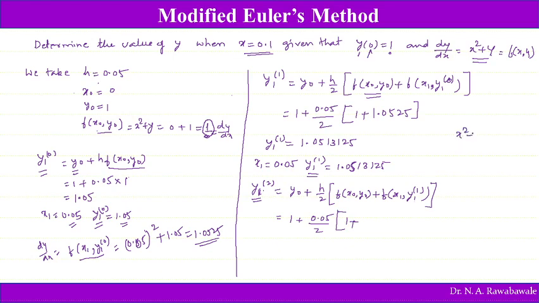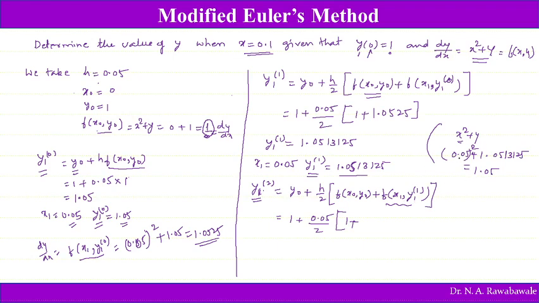So x square plus y, x1 value is 0.05 plus the y value 1.0513125 squared terms, to obtain f of x1 y1 of 1.